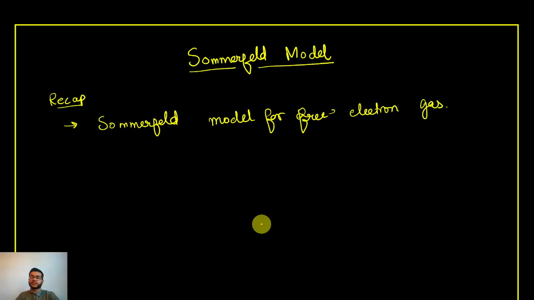What we did is we took a rectangular box of volume V, and this box is empty except for some electrons filled in it, but the electrons can't go outside of this box because the potential is zero inside the box but infinite outside the box.